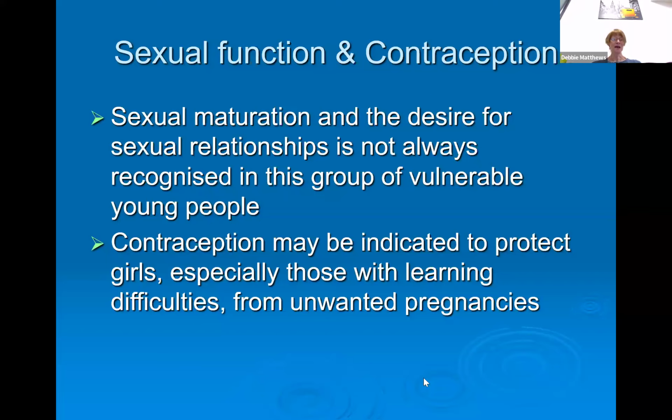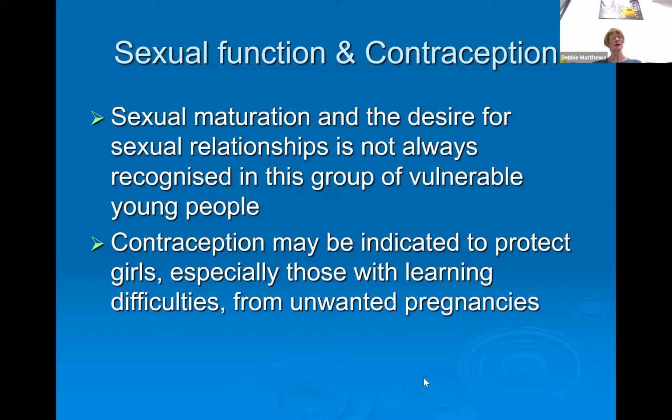And then contraception may be indicated to protect girls, mainly those with additional learning difficulties, from unwanted pregnancies. That's not meant to say that these girls, who are clearly subject to potential sexual abuse, should just be given the pill. They need to be protected from that.